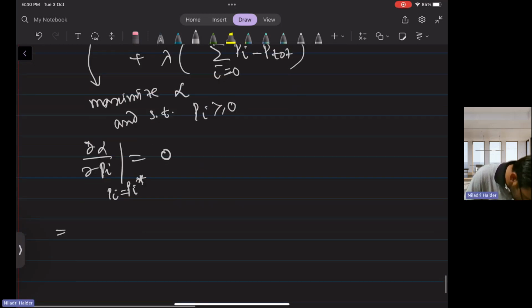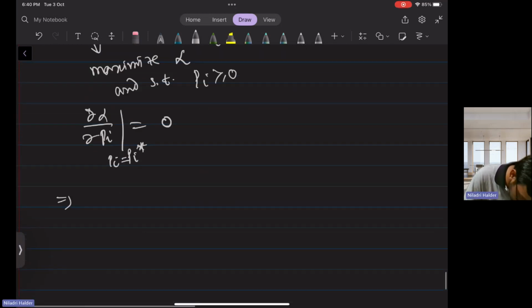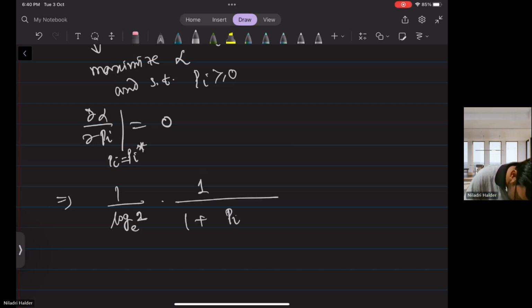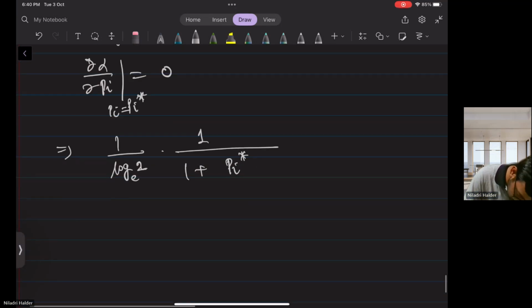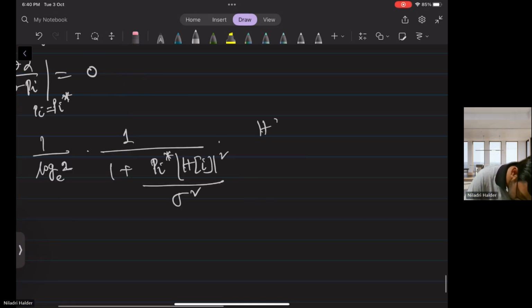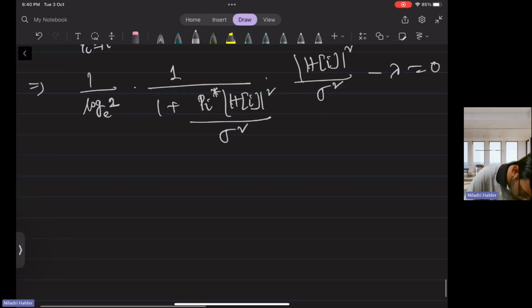So that is itself giving us 1 by log 2 base e into 1 by 1 plus p_i star |h_i|^2 by sigma^2 into |h_i|^2 by sigma^2 minus lambda is equal to 0.